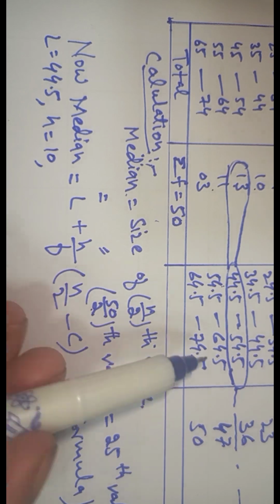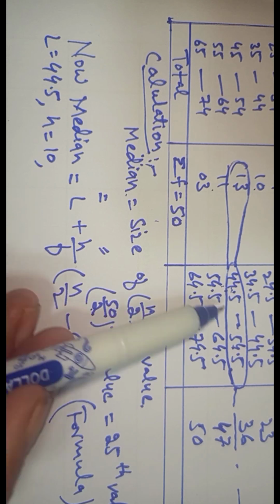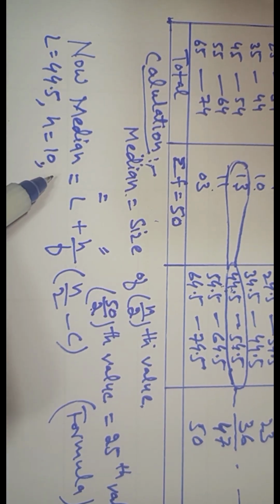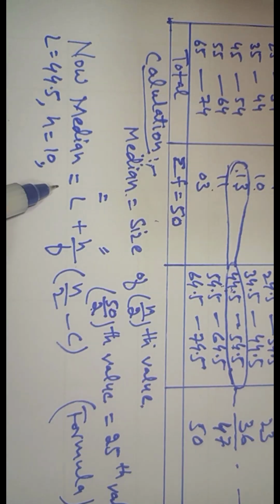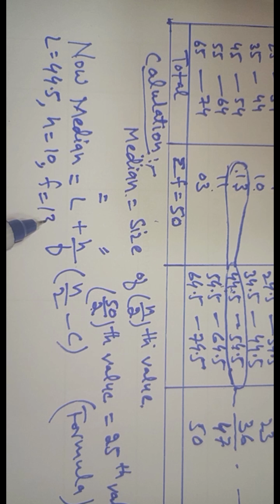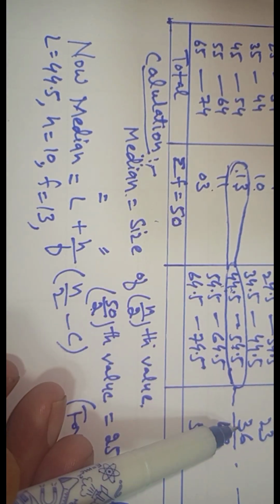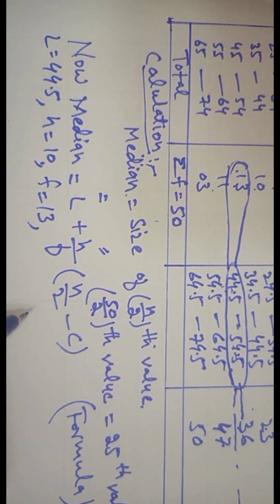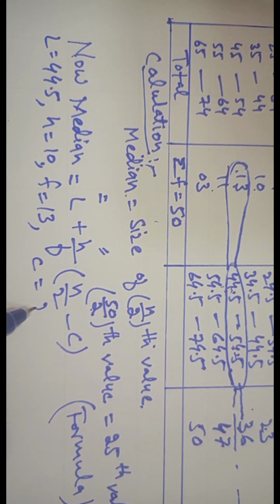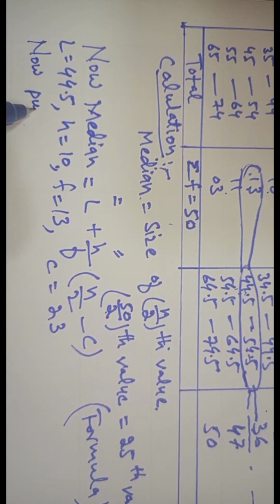From 44.5 to 54.5, the class interval is 10. And f means the frequency of the modal class. This is the modal class. f is equal to 13, the frequency of the modal class, and c is equal to 23, which is the cumulative frequency of the preceding class of the modal class.